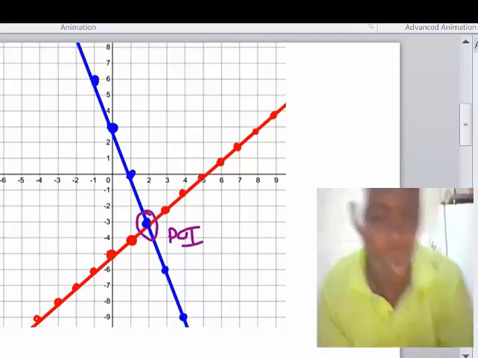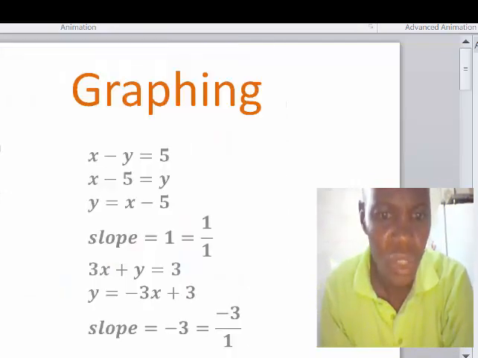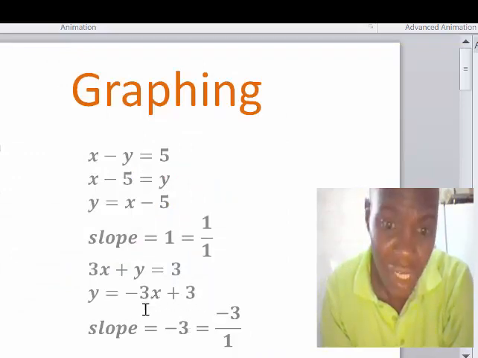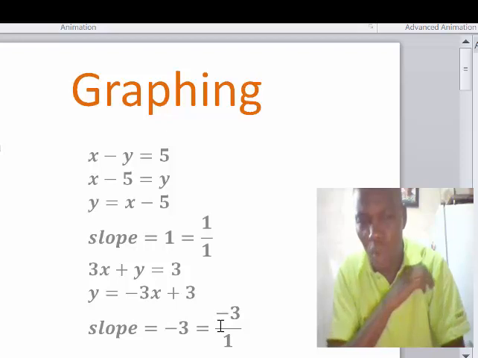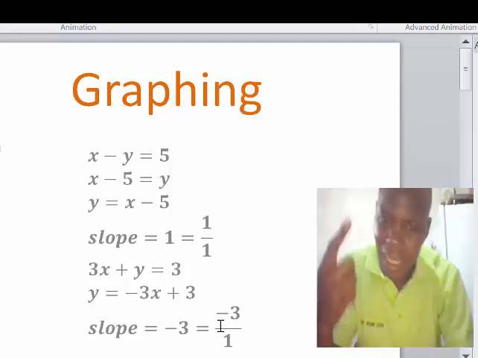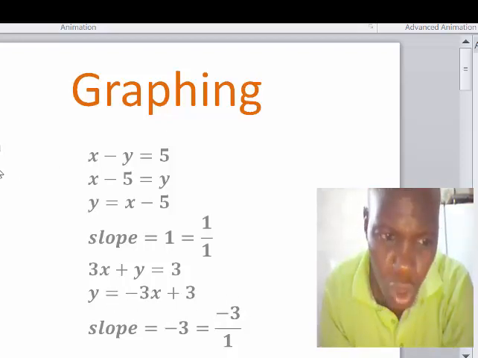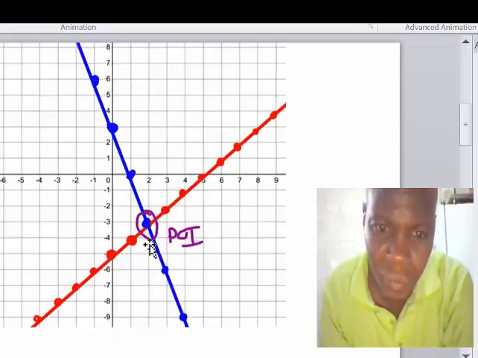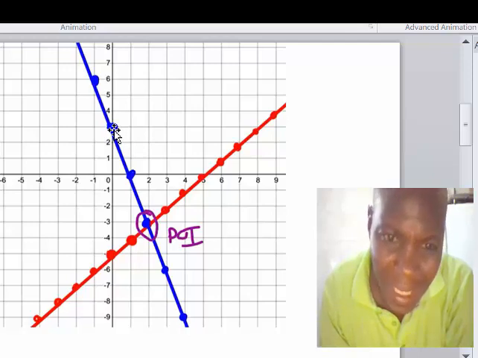Now let's look at the second equation. The second equation has a gradient, or a negative slope. When you have a negative slope, you know that you are going to be going down. Positive slopes mean you're going up. Negative slopes mean you're going down. You first go to where your y-intercept is.